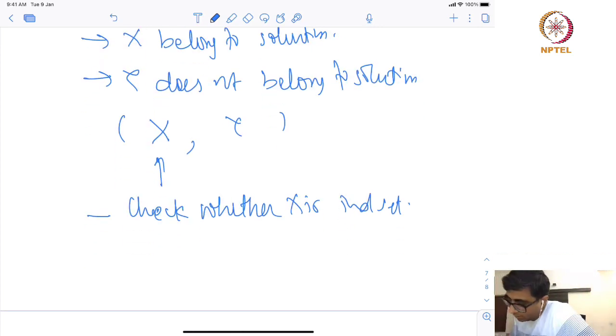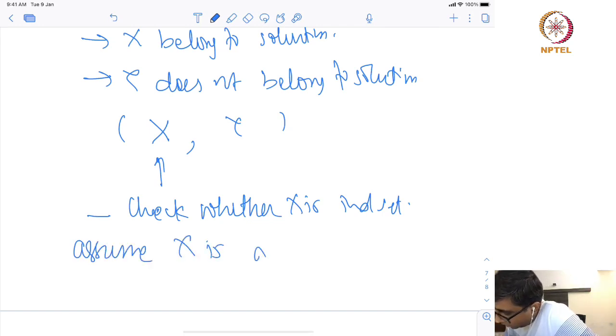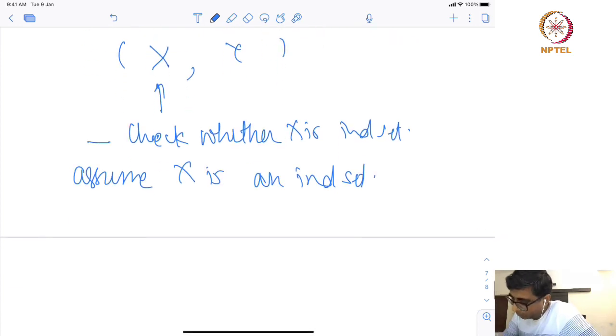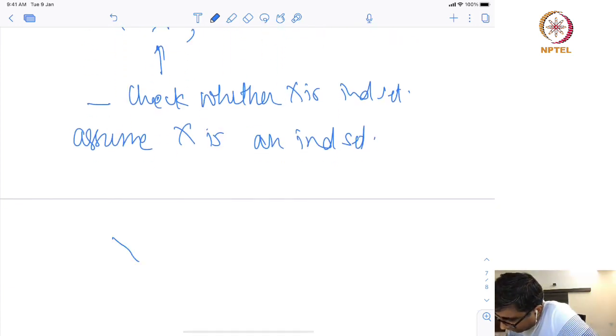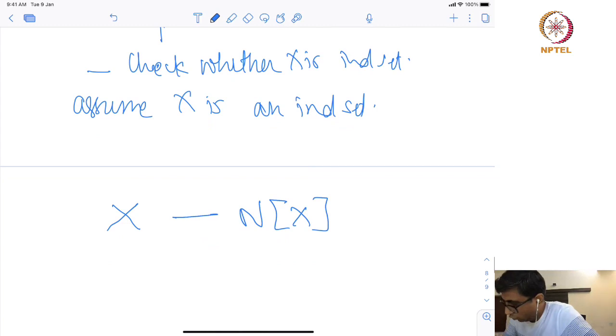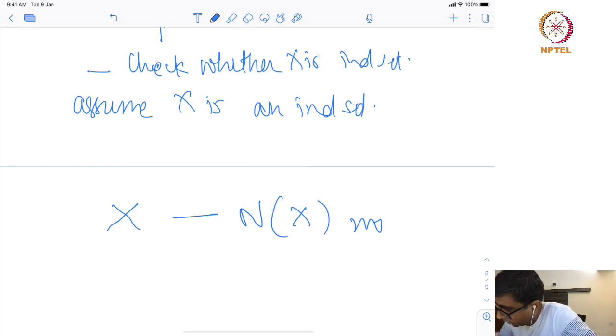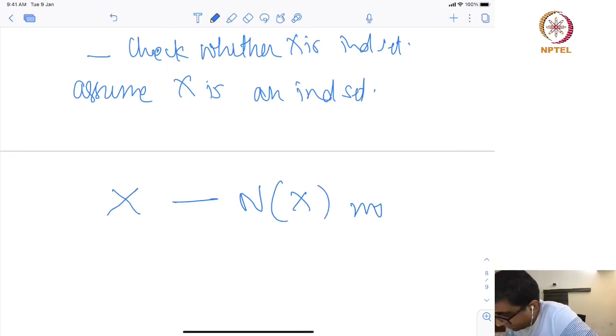So assume x is an independent set. Now what can we say? If you are going to contain x, then there are two things you cannot contain: the open neighborhood of x, no way, and by definition, y is not allowed.